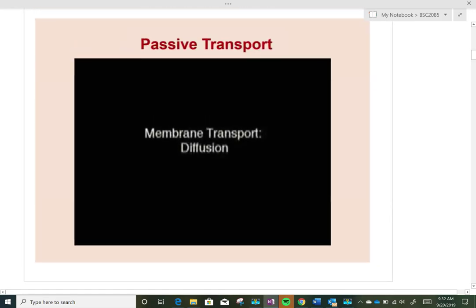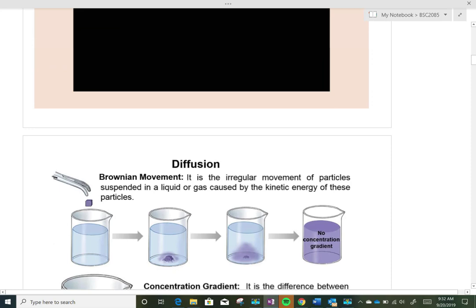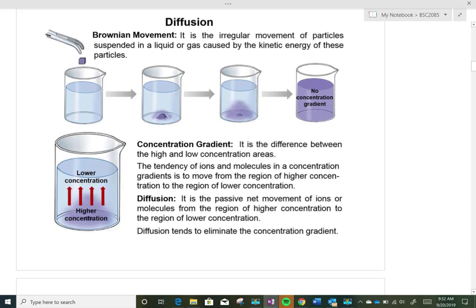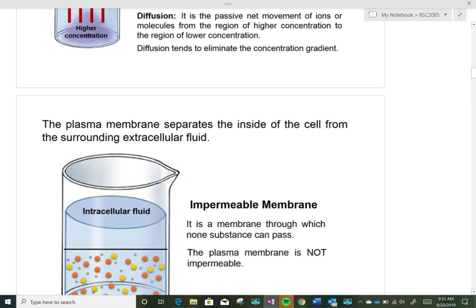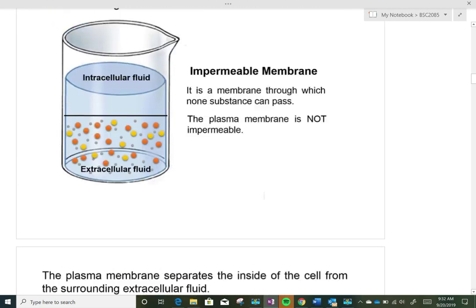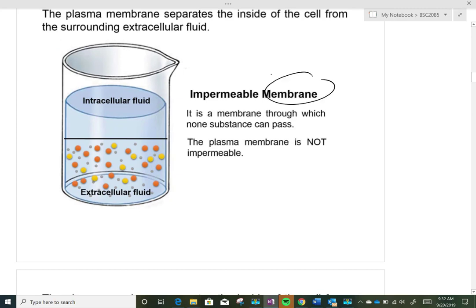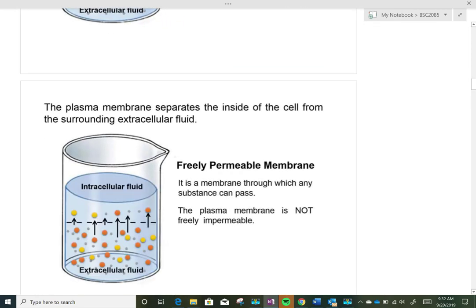So there is a video on the PowerPoint that you can watch, which is about passive transport, which basically explains this, right? You get a concentration that goes from a high concentration to a low concentration, and it gets, of course, dissolved. We also talked about the membranes. So membranes, if they're impermeable, means that nothing can go through them. Our cell membrane, or our plasma membrane, is not impermeable. Is what? It is semi-permeable. It's not freely permeable, because freely permeable means that everything can go through it: solutes, water, everything.